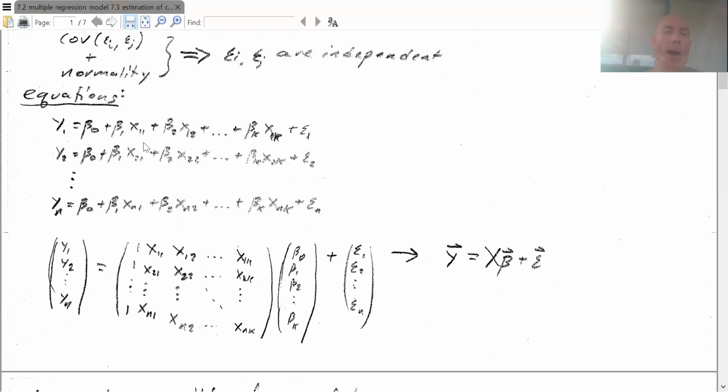Now here, I see that I've got my betas multiplying by an x. Beta 1 times something with x1, beta 2 times something with x2, beta k times something with xk, right? All the way across. Could I represent the beta 1 through beta k and the x's in matrix multiplication? Yeah, I could.